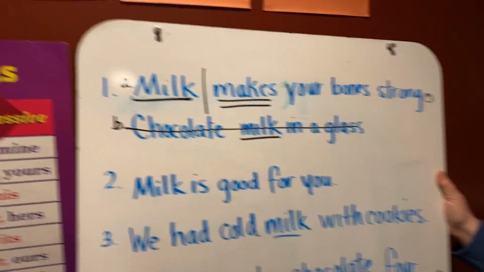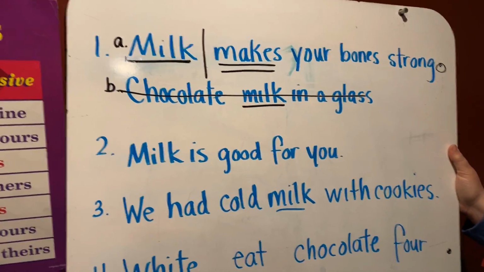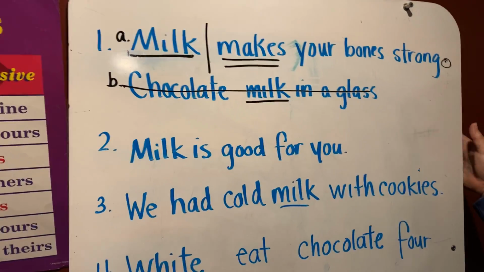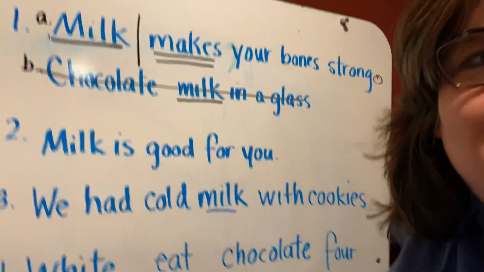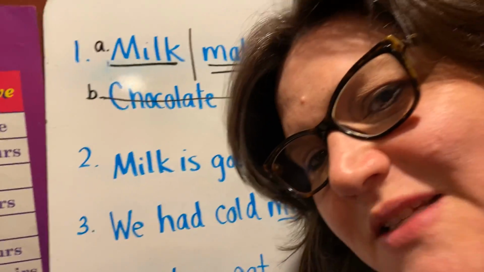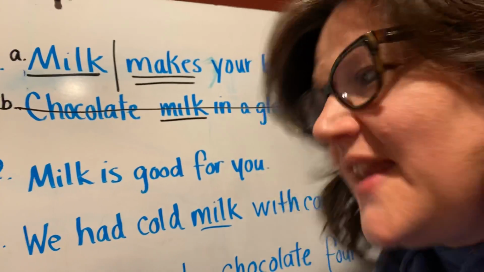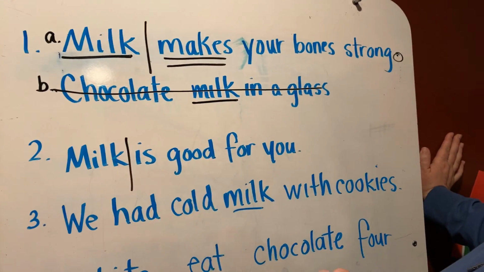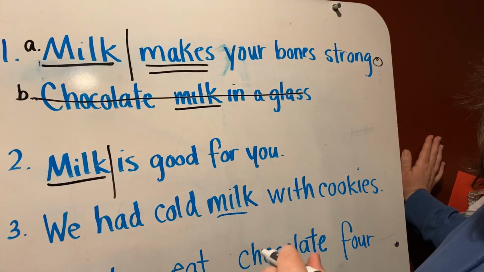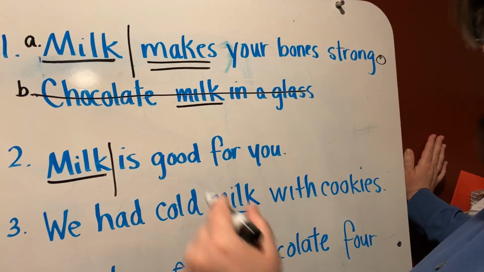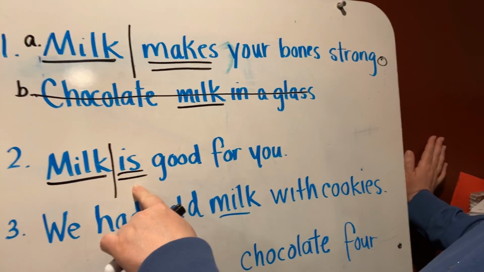Milk is good for you. Where does that sentence split? Where does the subject end and the predicate begin? After milk. What's the subject? Milk. What's the verb? Is. Now listen.